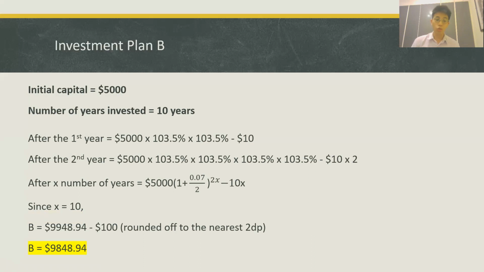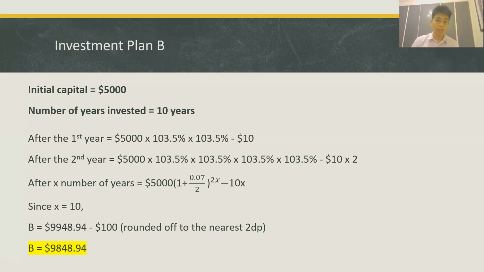Therefore, when we sub it into the equation, after subtracting $100 of administrative charge, what Wojciech will be getting from investment plan B, should he choose to go with investment plan B, is actually $9,848.94. So we got the values of both plan A and plan B.